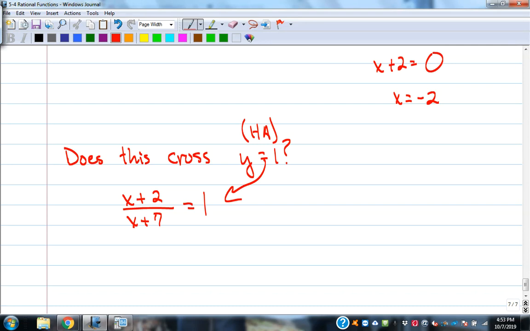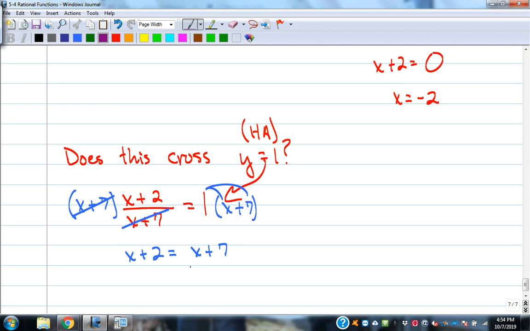And then we're solving that. Now this is where really working it out would be more important, because we're dealing with something that's not part of the original graph. It's related to it, but it's not exactly table value type stuff. So we would multiply x plus 7 on each side. That cancels it out there. And then we distribute the 1, and get x plus 7.